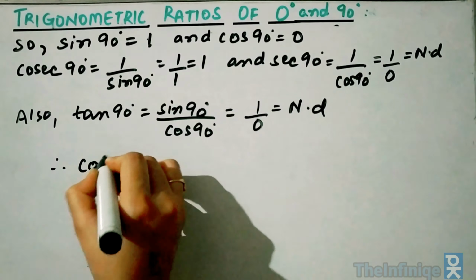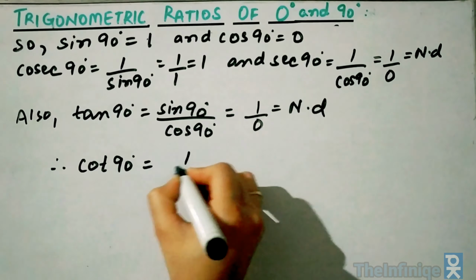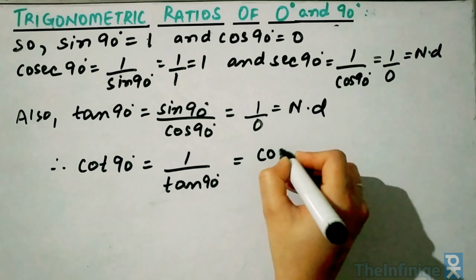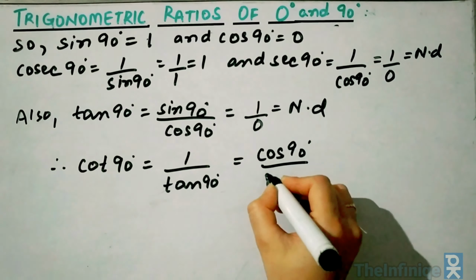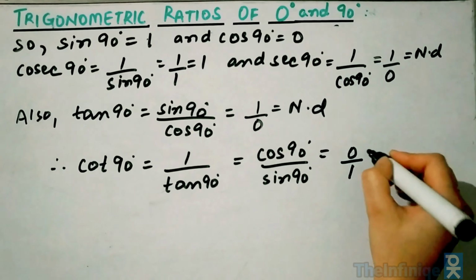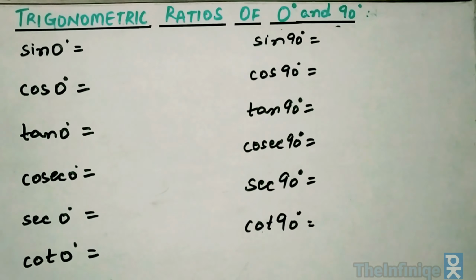Therefore, cot 90 degree is equal to 1 upon tan 90 degree, or we can write it as cos 90 degree upon sine 90 degree, which is 0 upon 1, which is equal to 0.